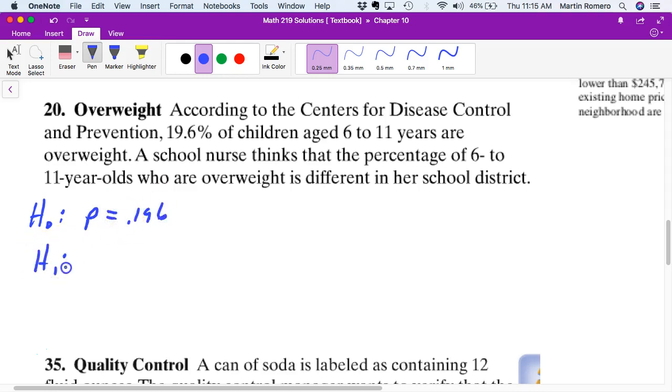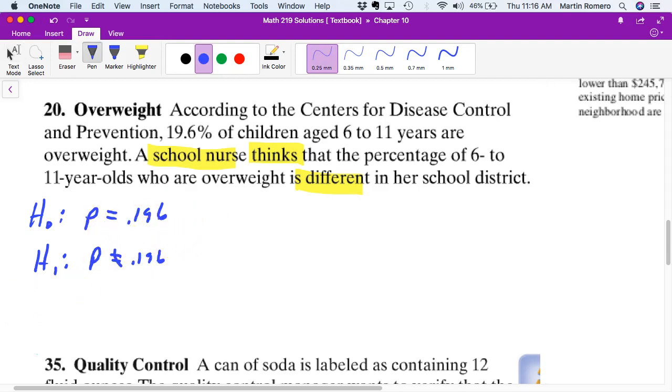The alternative, what the nurse thinks, is that the overweight percentage is different. And so in this case, this would be a two-tailed test because the nurse thinks that it's different than 19.6. This would be two-tail compared to those other two, and this is a proportion.